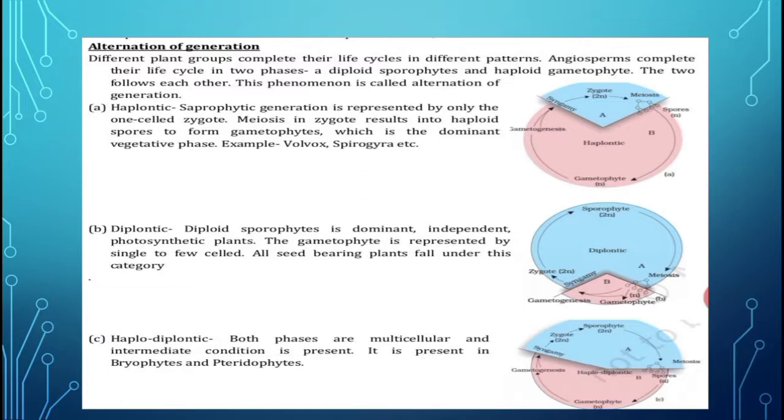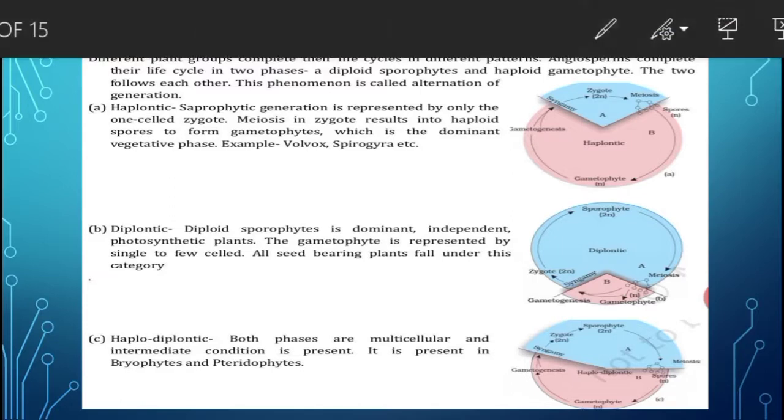Okay. Now, different plant groups and individuals have different features in their life cycles, like the haplontic life cycle. The first one: the dominant photosynthetic phase is a gametophyte produced by haploid spores.